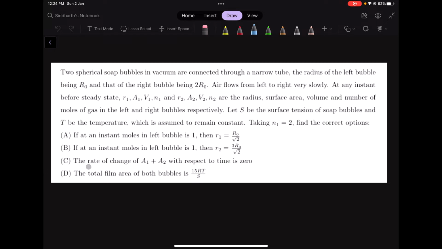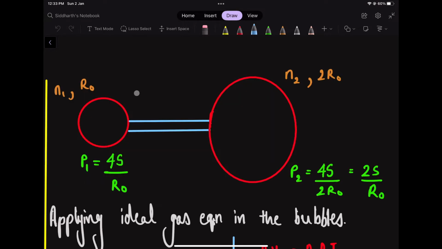Option C: the rate of change of A1 plus A2 with respect to time is 0, which can also mean that A1 plus A2 is constant. And D: the total film area of both the bubbles is 15RT by S. So now you try the question and I will come up with the solution.